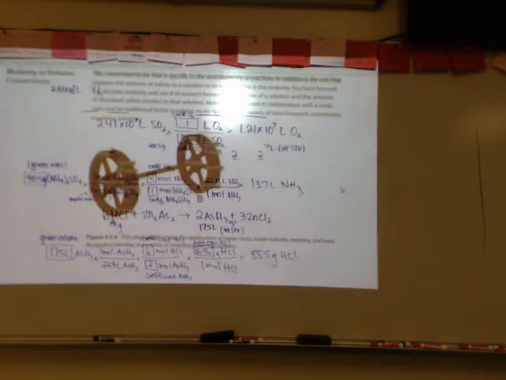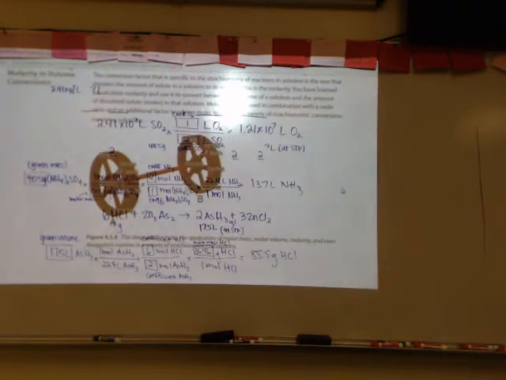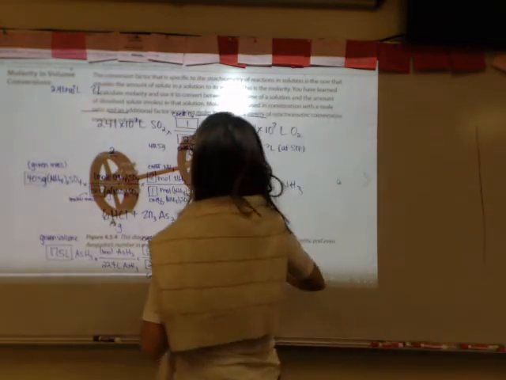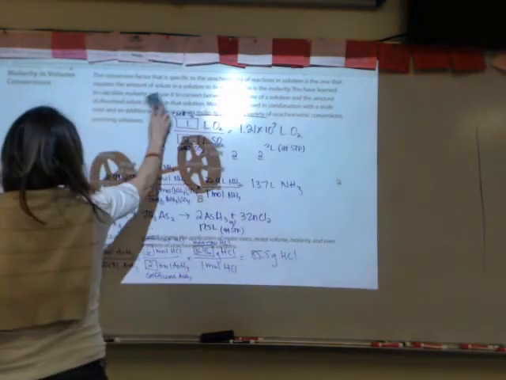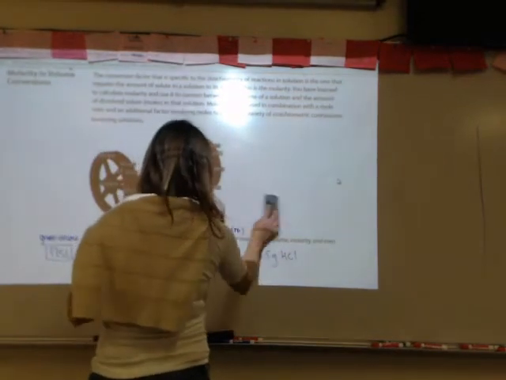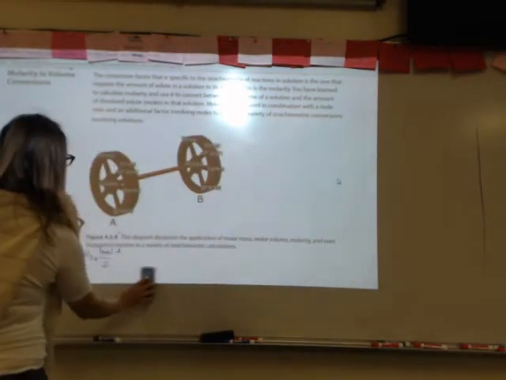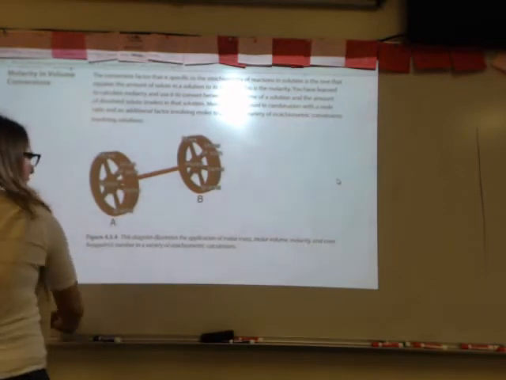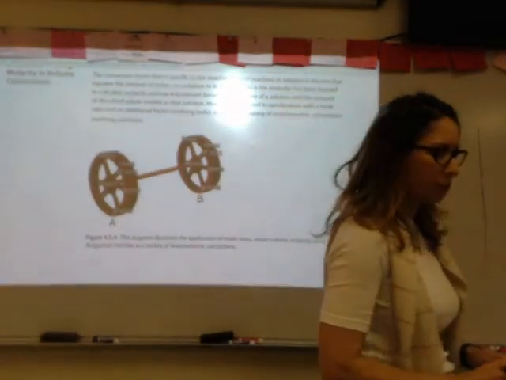Okay, now we are on solutions. Now, for solutions, we're going to be using molarity, which is moles per liter, to do some conversions. And they have added that to our wheel model.